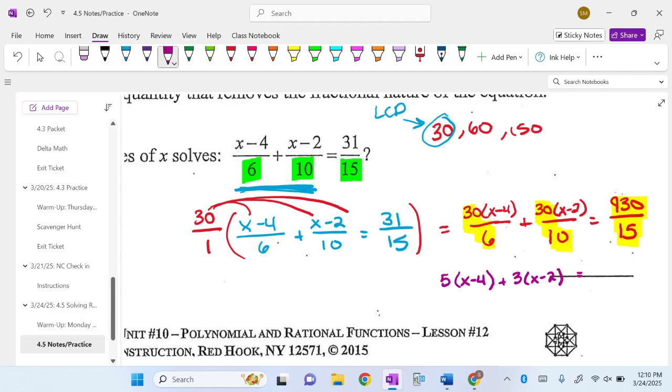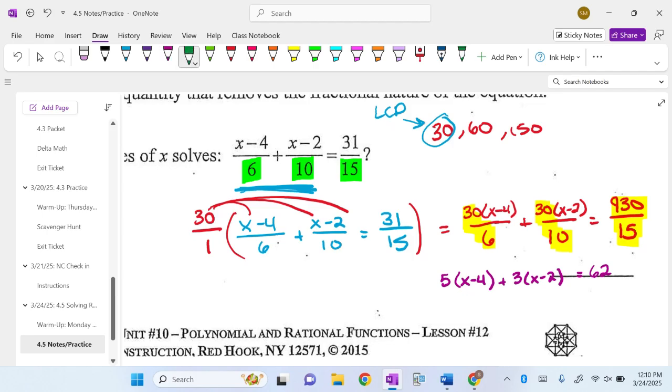Awesome. 63. It doesn't simplify nicely? It should. 930 divided by 15? It's 62? Okay, that's what I thought. Equals 62. And now all the fractions are gone. We just have a linear equation.